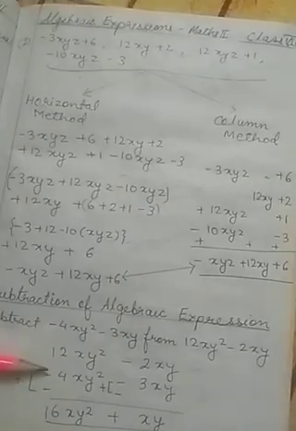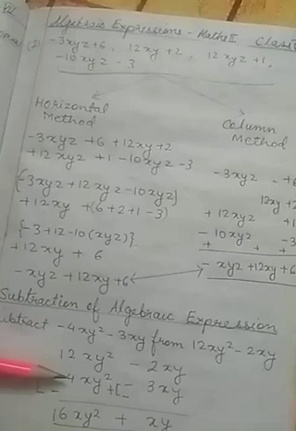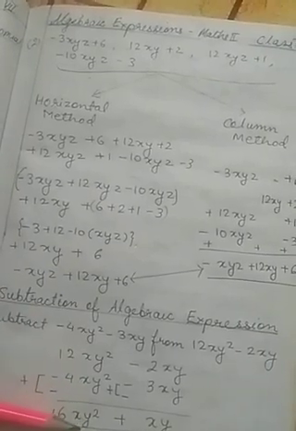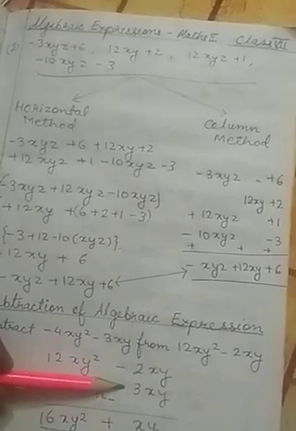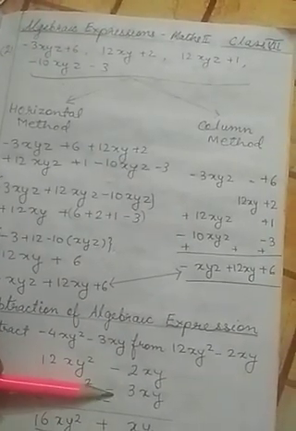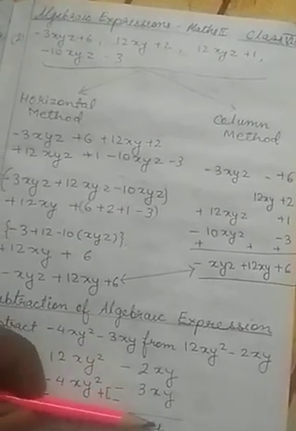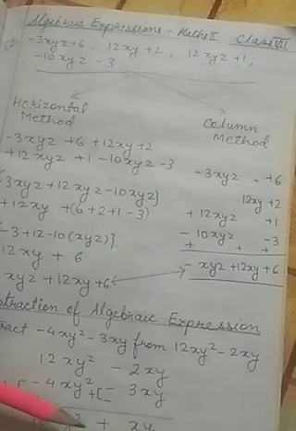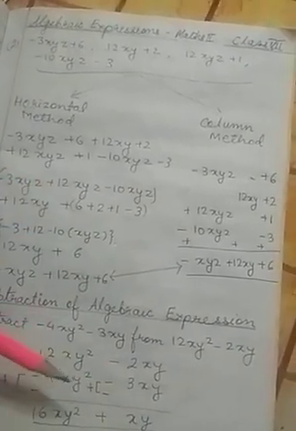So plus into minus will give you minus only. So 12xy square minus 4xy square would give you 8xy square. Here also plus, here minus is there, here plus you would have done it, then minus would have changed and it would become minus 5xy. So 8xy square minus 5xy. Clear?